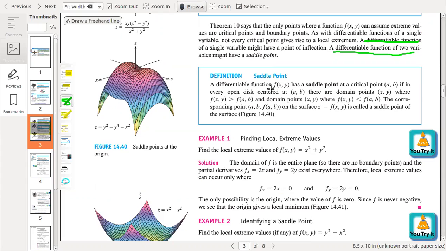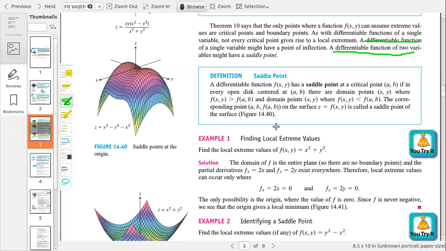So what is the saddle point? For the saddle point, the function should be differentiable. So a differentiable function has a saddle point at a critical point (a, b) if in every open disk centered at (a, b), which means a circular region, there are domain points (x, y) where f of a, b is less than f of x, y and domain points (x, y) where f of a, b is greater than f of x, y.